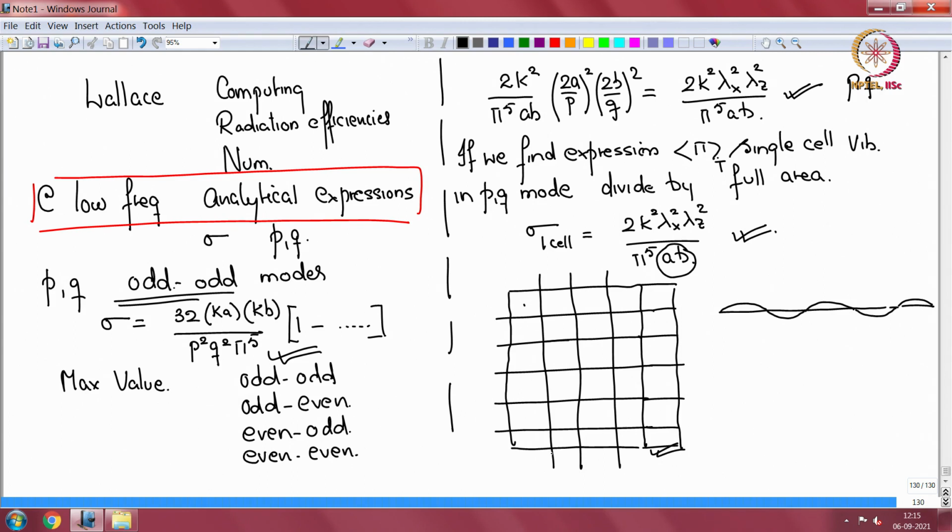So, let us see, we will add one more. Now, we have odd half cycles in both directions, both are odd. So, now if this positive region cancels with this positive region, this region cancels with that region, and this cancels with this, and this cancels with this, then I have half of the last cell uncancelled.